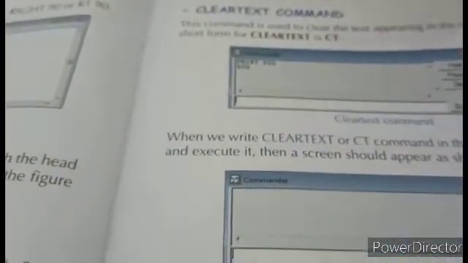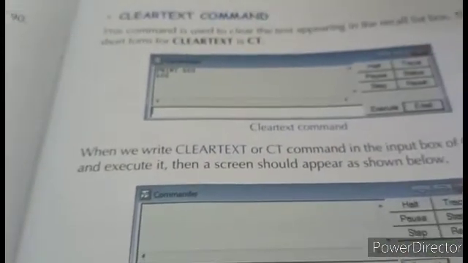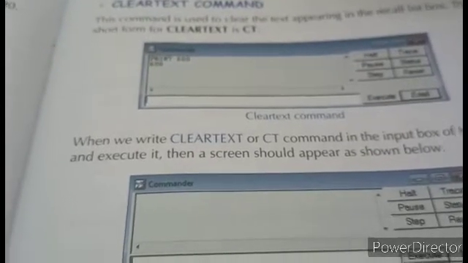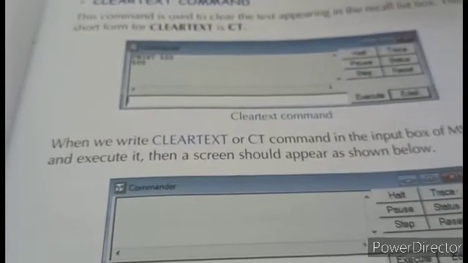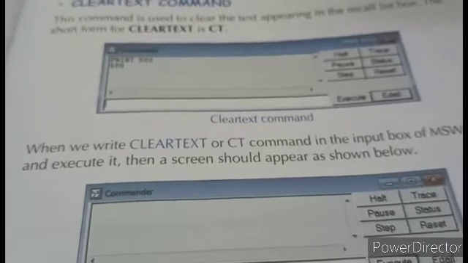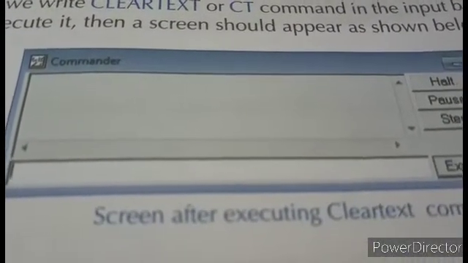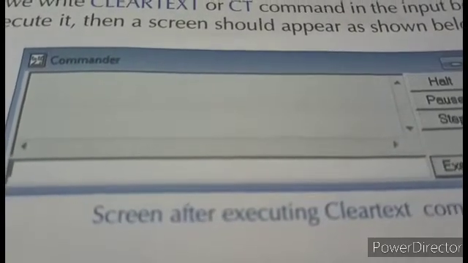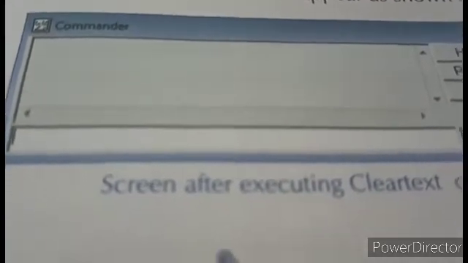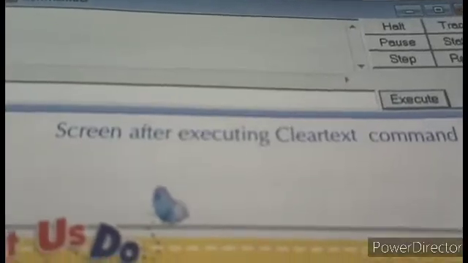When we write the clear text or CT command in the input box of MSW and execute it, then a screen should appear as shown below. As you give the CT or clear text command, the screen will be just that way as given in your book. So let's type the CT command and check what is going on.